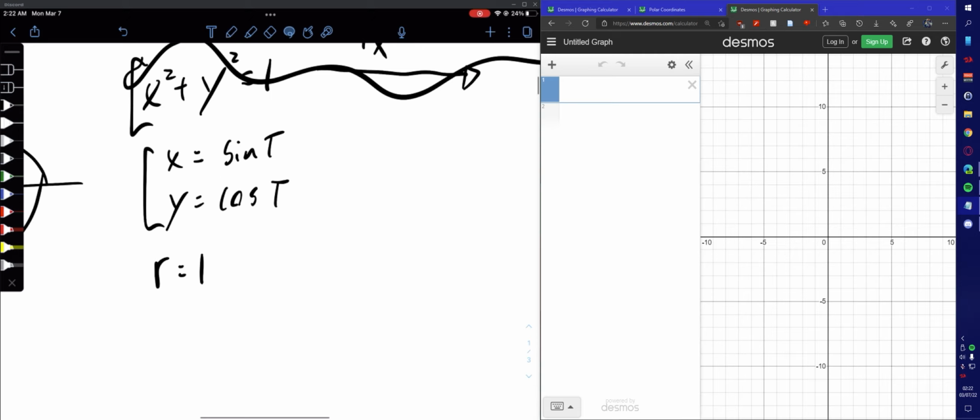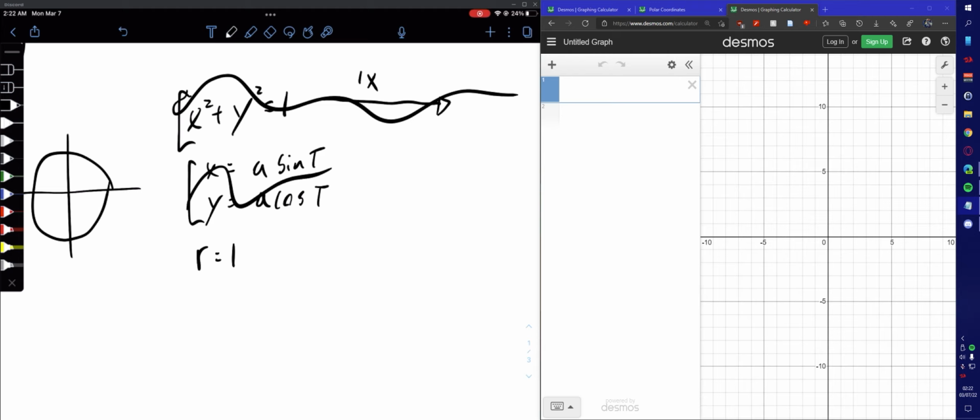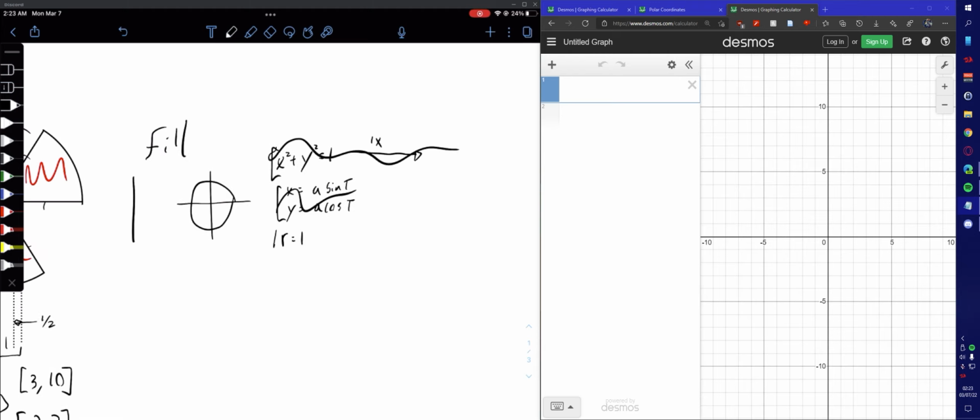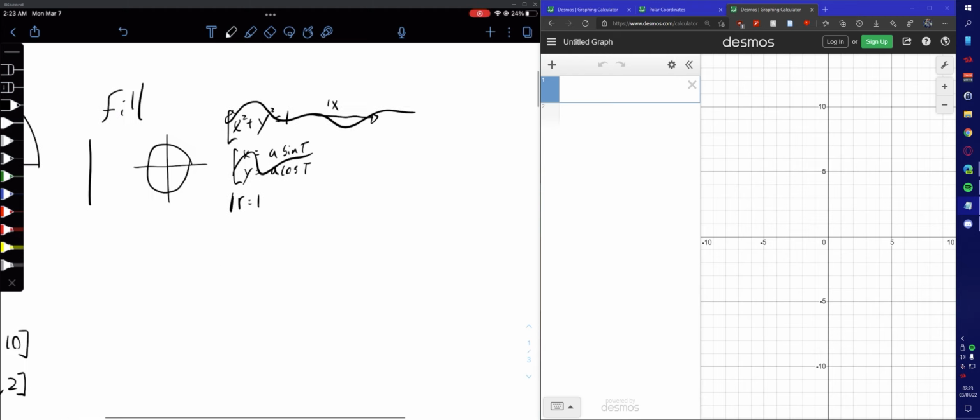If I have some function for the amplitude here, I have to write it down twice on a graphing calculator. So I would prefer not to use that. So we're going to be using the polar mode. Polar mode graphs the radius as a function of the angle, theta here.